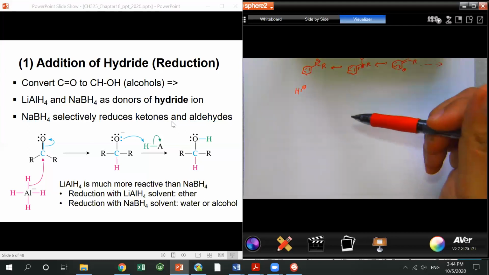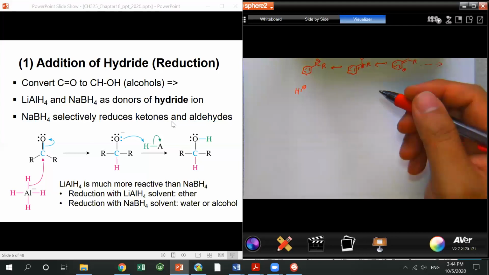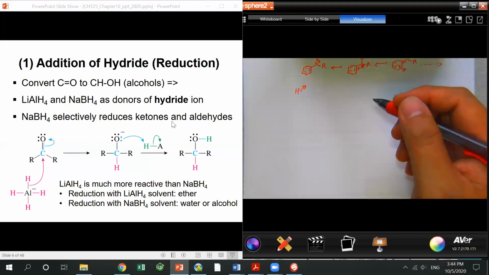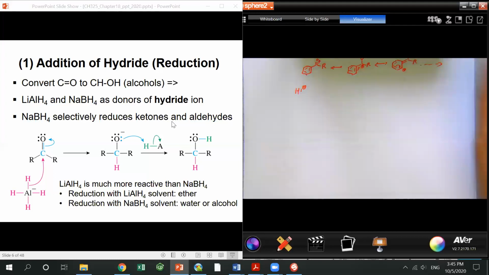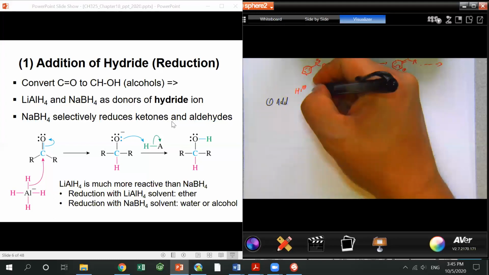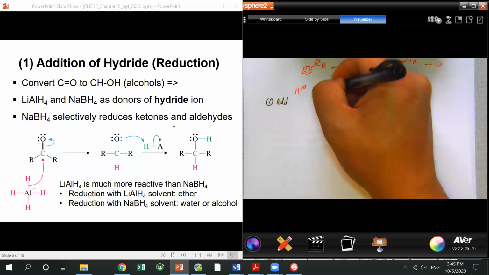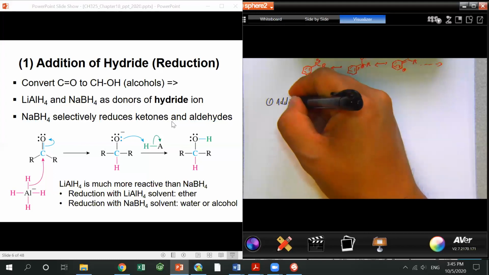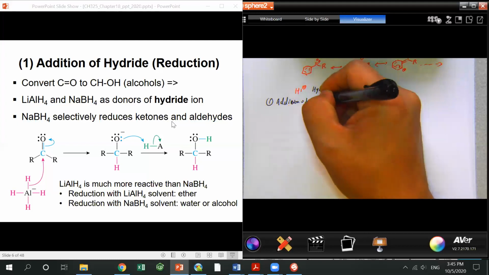For the reaction here, it's pretty straightforward: it just converts the C=O double bond into a C-O single bond and an OH single bond, an alcohol. Now we will learn one by one. This is hydride, the addition of H minus.